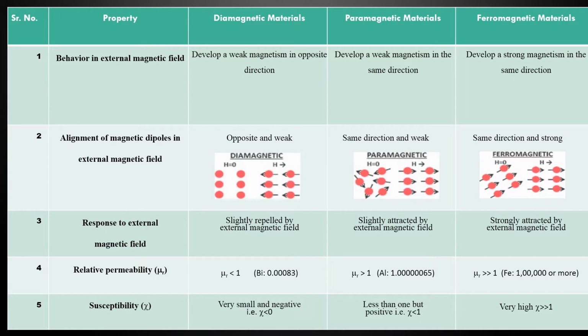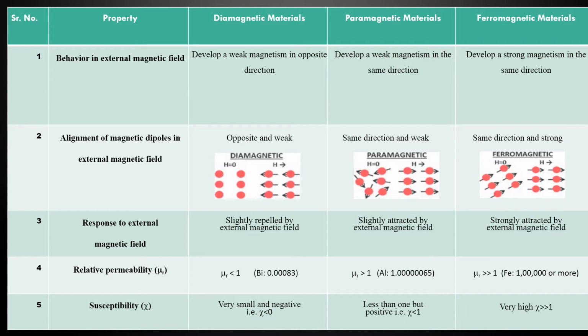Fifth point, susceptibility, the magnetic susceptibility chi. In diamagnetic material, the magnetic susceptibility is very small and negative, that is, less than 0.